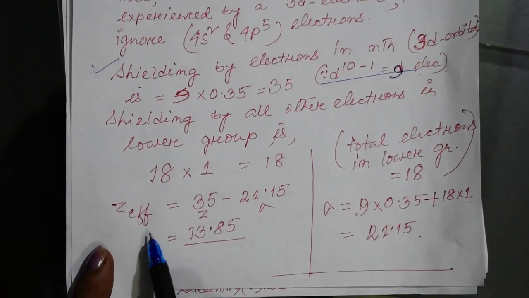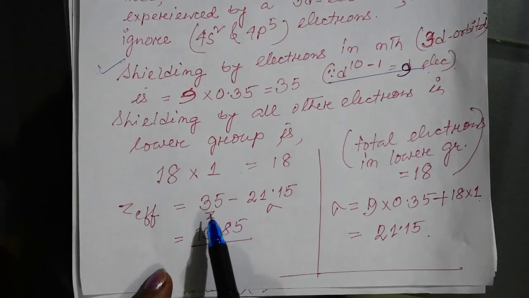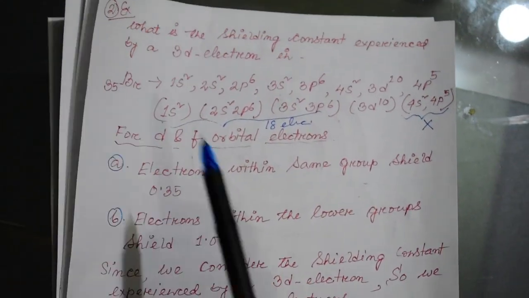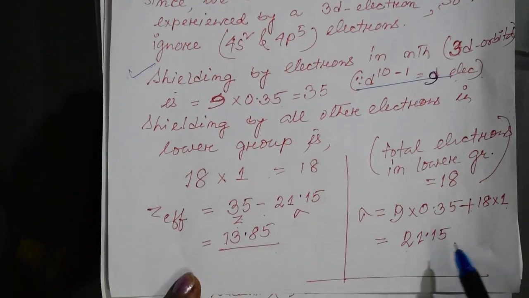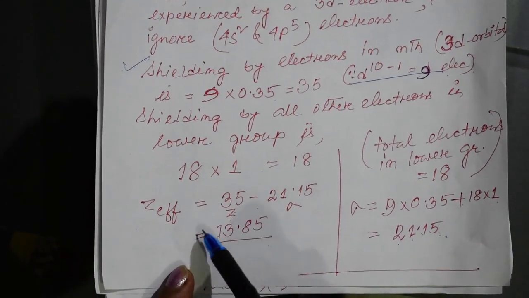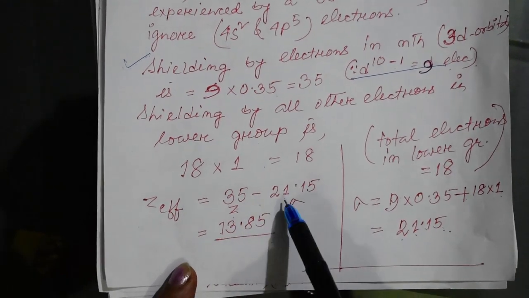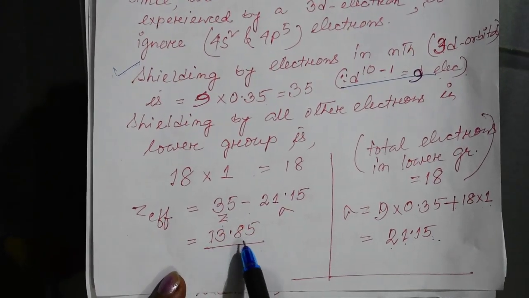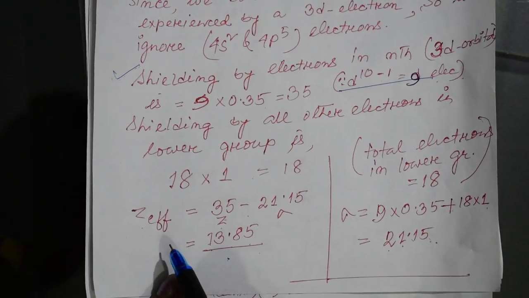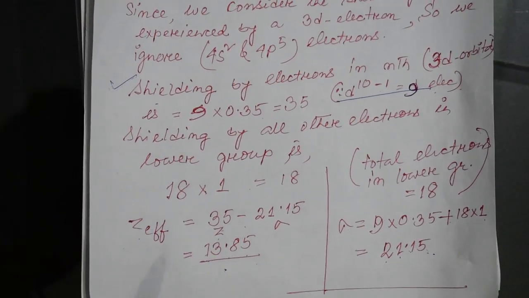Now the Z effective value will be 35 minus the screening constant value 21.15, because the actual nuclear charge for bromine is 35. After subtracting the screening constant, we get 13.85, which is the Z effective value for the bromine atom.